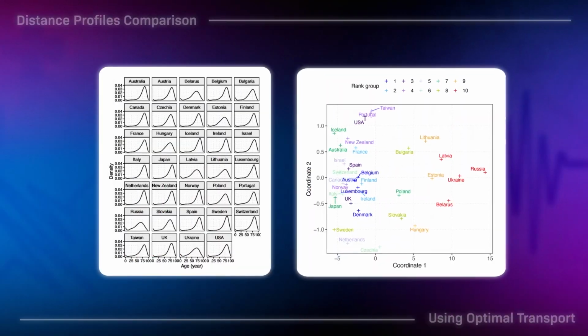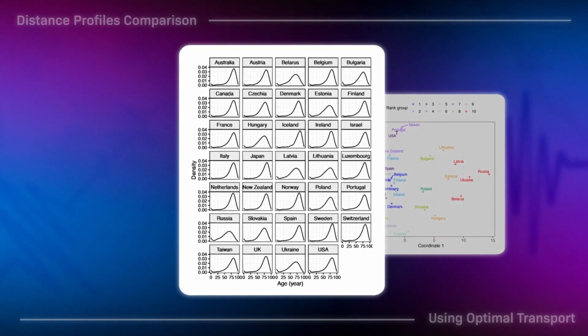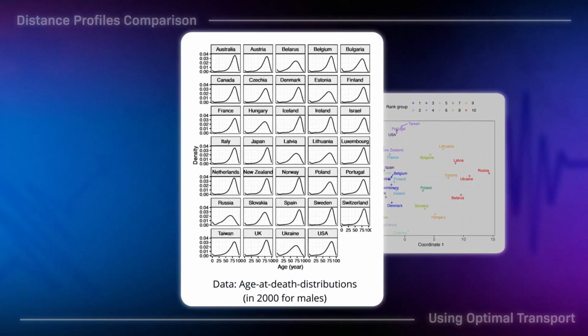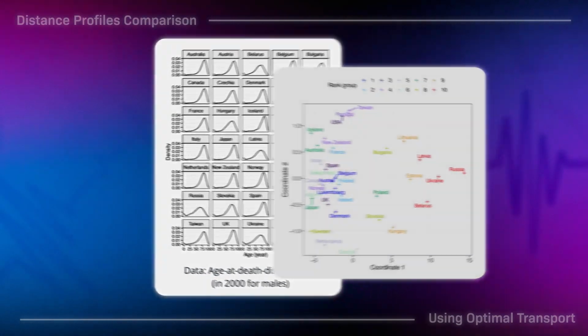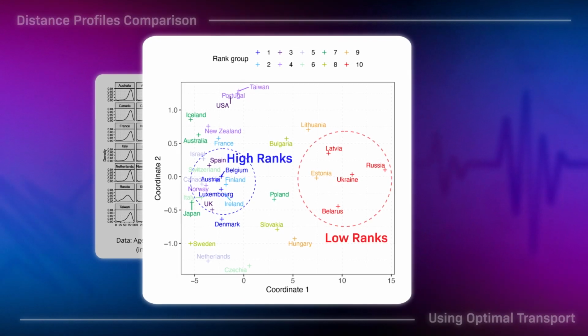With this approach, we can create new visualizations, like showing the center outward patterns for object data. In this example, the left plot shows curve-valued data points for different countries, where each curve is a country's age-at-death distribution, and the right plot gives their transport ranks, showing the center outward patterns.